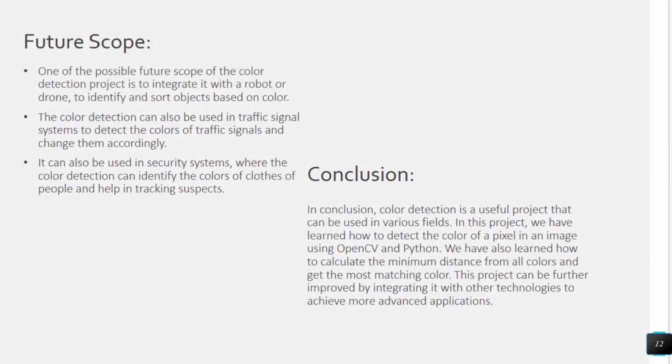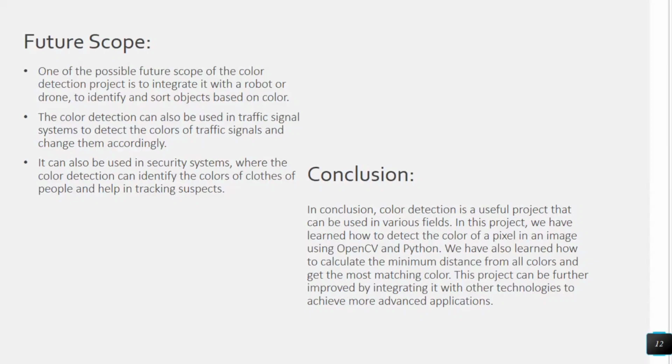So we can relate this, and the third one also relates to our daily life because when we go to a government office or any private office, they have a lot of security systems to detect people and help in tracking the suspects.